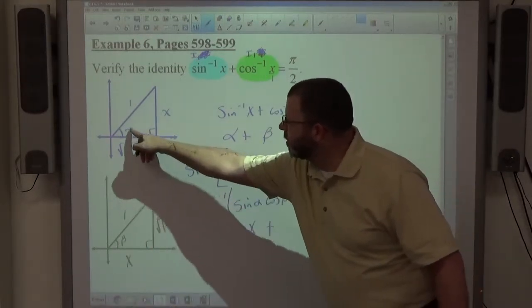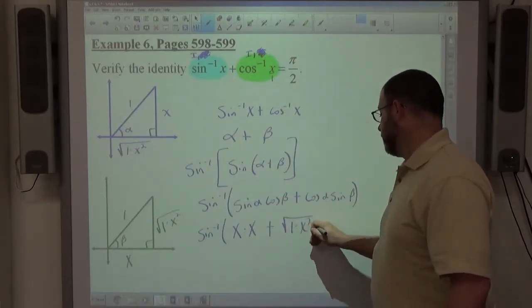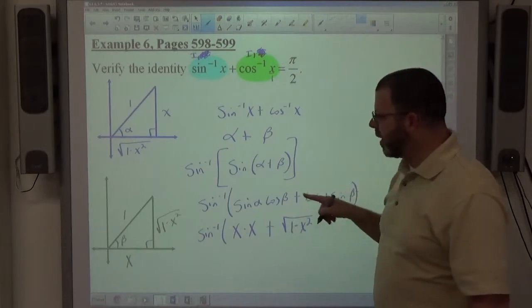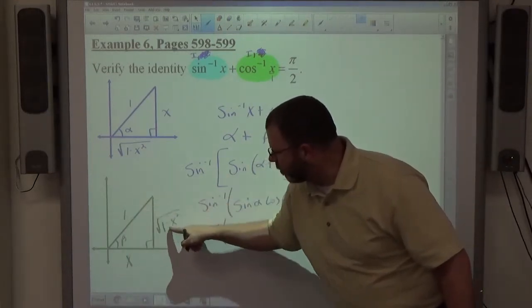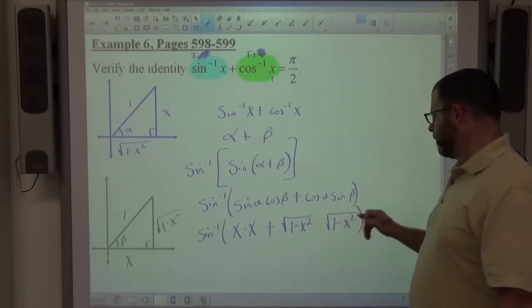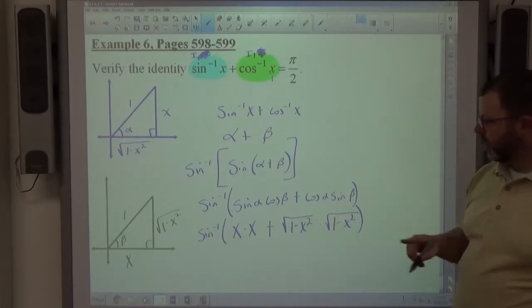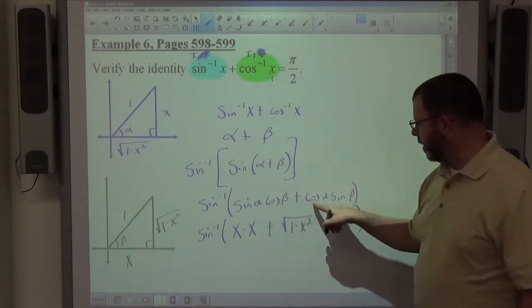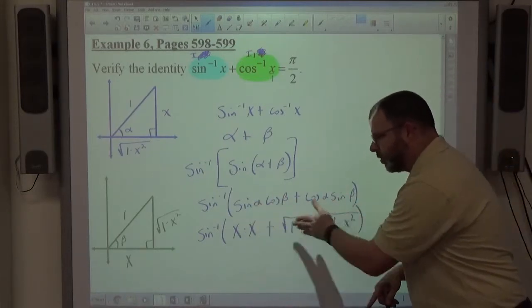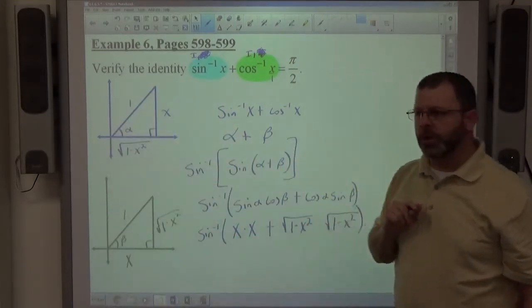Cosine of alpha is adjacent over hypotenuse, the square root of 1 minus x squared. And the sine of beta is opposite over hypotenuse. This one is going to be the square root of 1 minus x squared. So sine of alpha, cosine beta, cosine of alpha, sine of beta is all 4 of these things. And again, I got all 4 of those pieces of information from the triangles I drew over here.